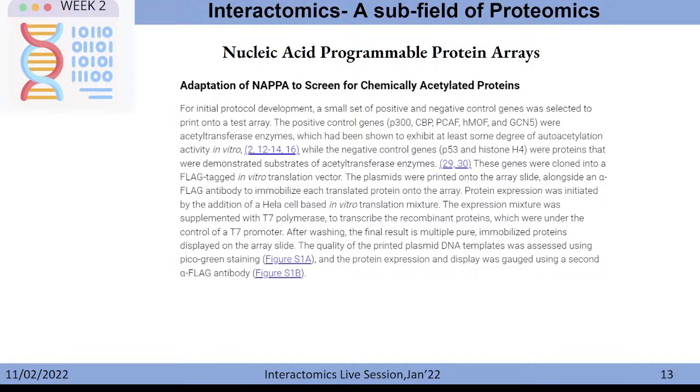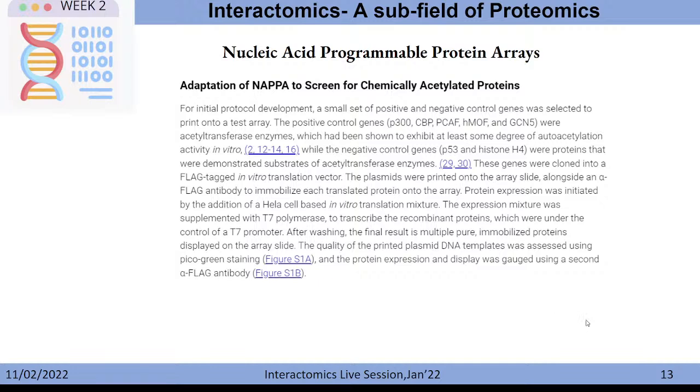If it is not enzymatically acetylated, it will be chemically acetylated proteins, whereas it was thought to be acetylated enzymatically.